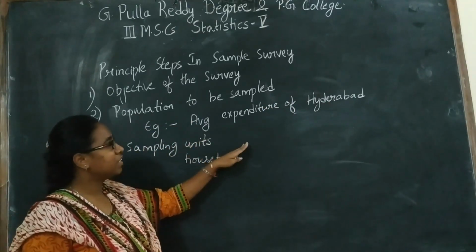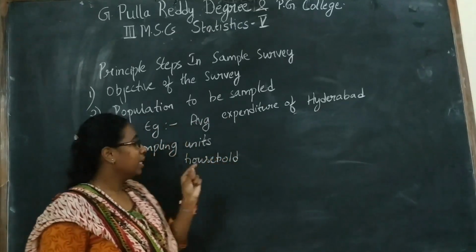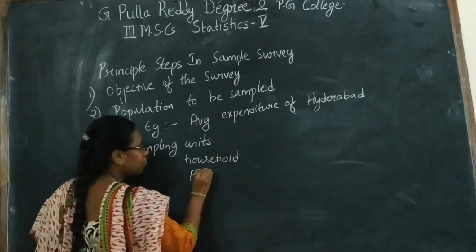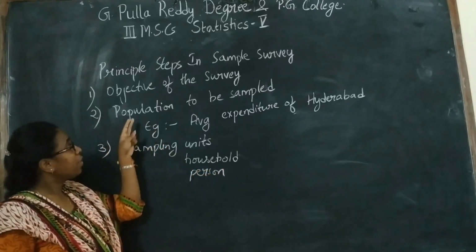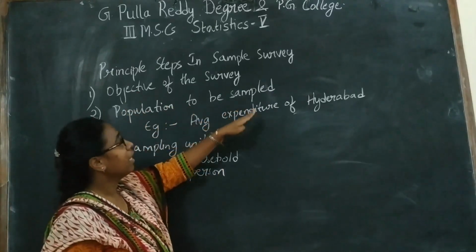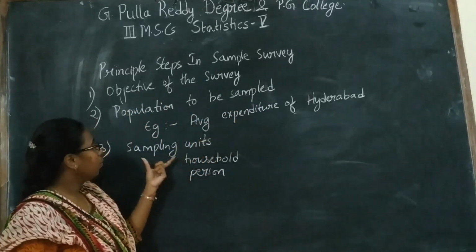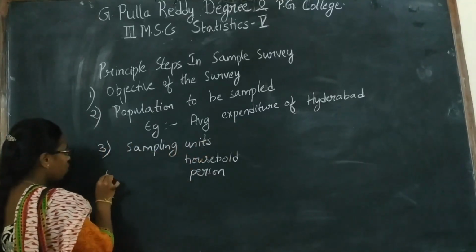Suppose I am considering the average expenditure of each and every person, then the person will be the sampling units. So depending on the objective, we will take the population to be sampled, and depending on that only, we will divide our sampling units.